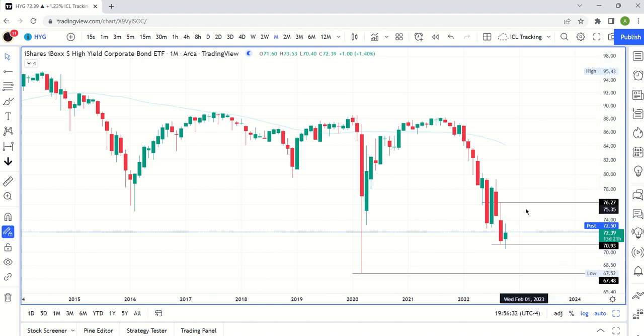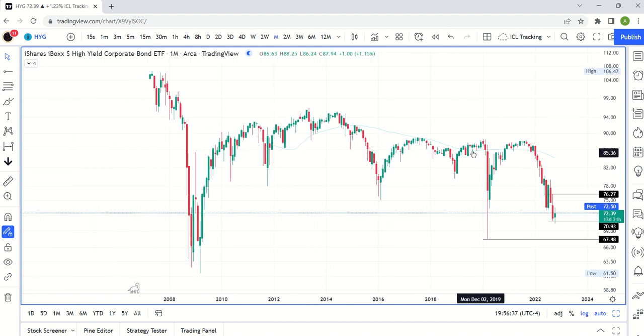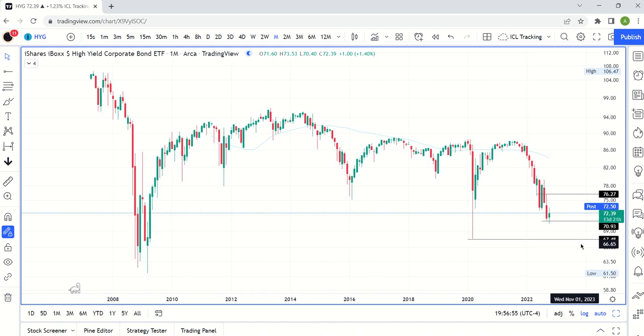I know that doesn't sound like a lot in percentage terms, but this thing doesn't move a whole lot. And as you can see, it's been consolidating for the last many years, like up, down, up, down. This downswing looks to be pretty extreme. And again, are we going to test 67.50? Seems like it's pretty likely at this point, but who knows? Maybe that's when the Fed cries uncle and saves everyone.